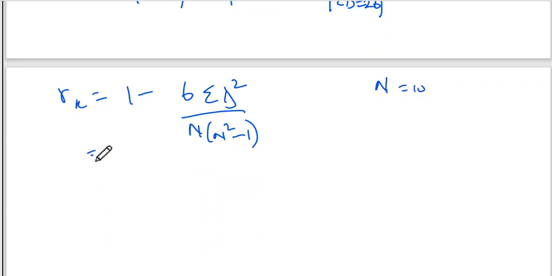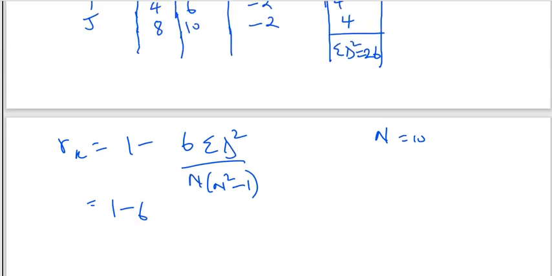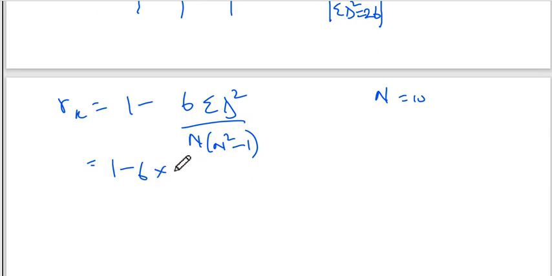So this becomes 1 minus 6 times summation d square, which is 26, divided by n, which is 10, bracket 10 square minus 1. Please be very careful. Students make mistakes at this point. They mix this up with this 1 here. So try to separate it.